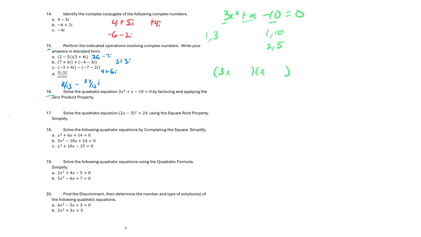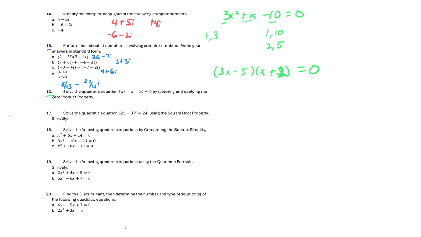So with that, we're going to say 3x minus 5 times x plus 2. And then if we FOIL that out, we'll get 3x squared minus 5x plus 6x minus 10. We do in fact get back to the original.